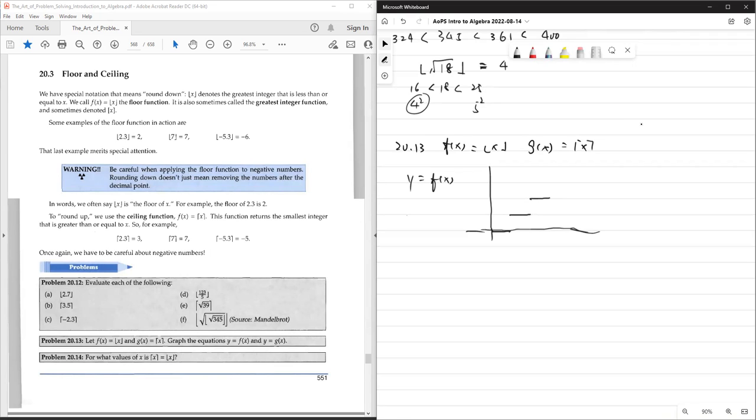Everything between 2 and 3, it would be 2. And everything between 3 and 4, it would be 3. And over here, it would be this, and this, and this, and one last one is this. So this will be y equals f of x.